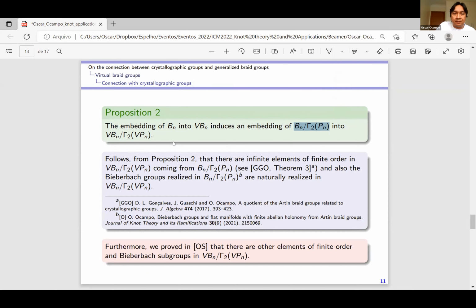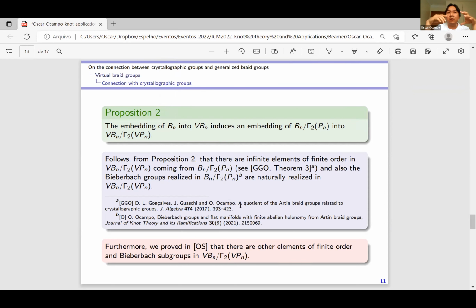So it means that in this quotient, for example, we have a lot of finite order elements that come from the classical case. We have a lot of Bieberbach groups that come from the classical case. Yeah. So for finite order elements, we have a characterization in this paper of 2017.